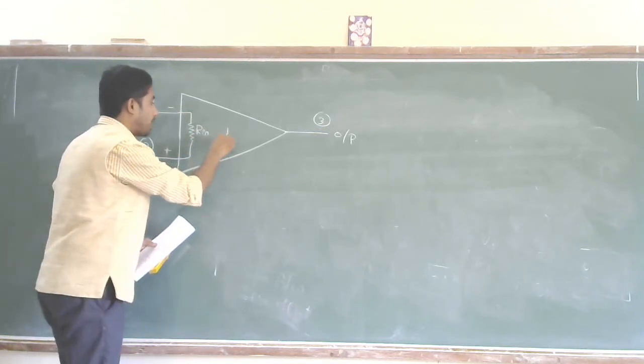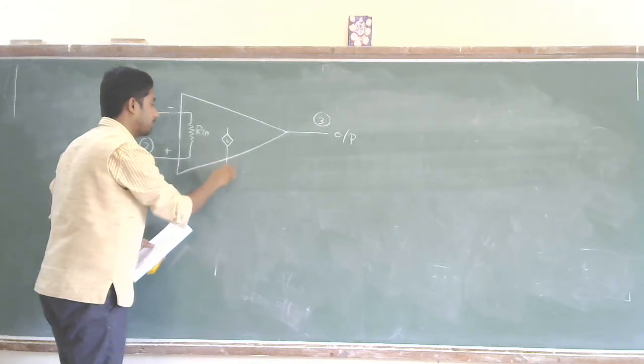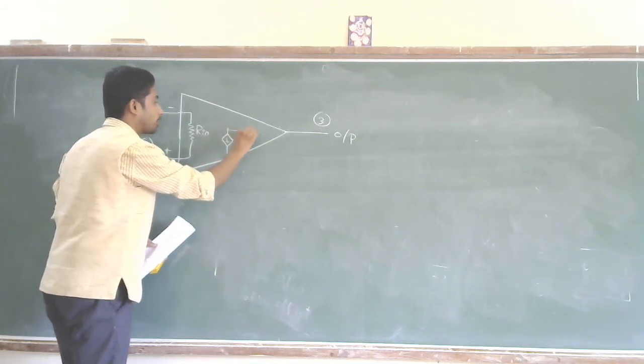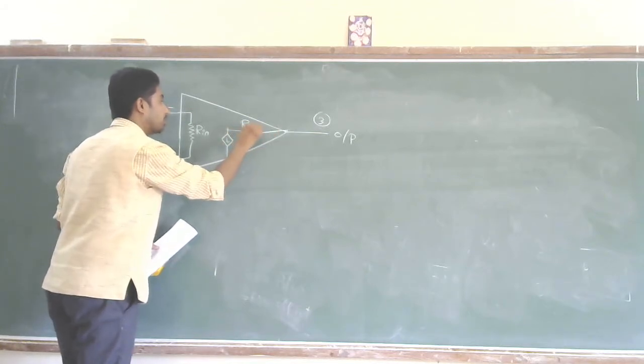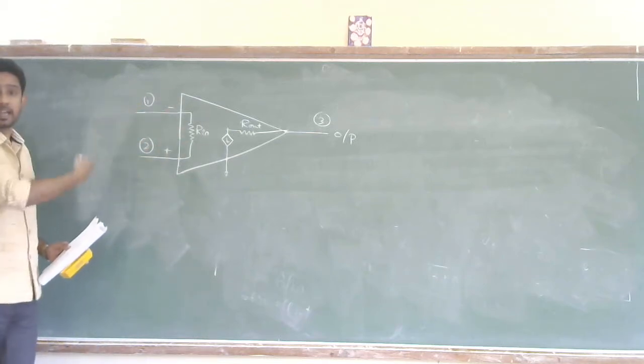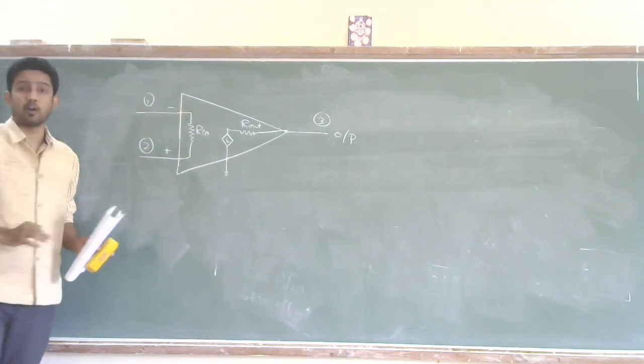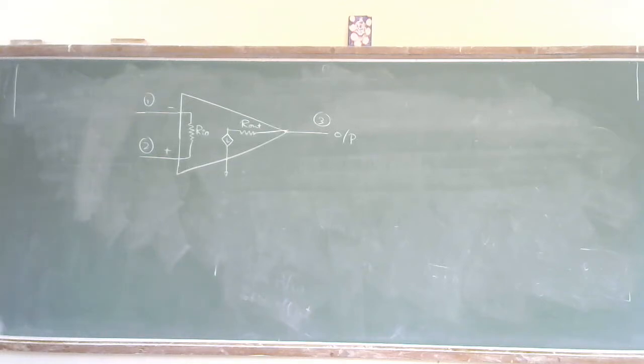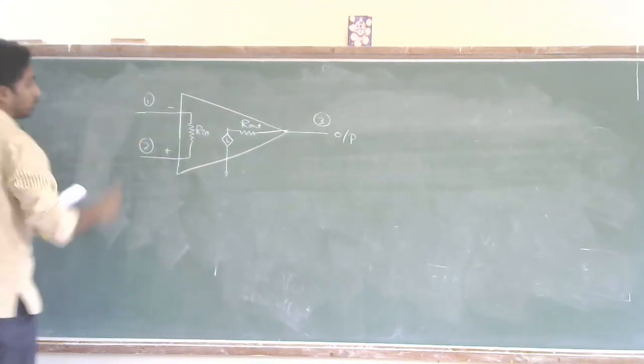And the op-amp will have a gain and it will have the output resistance also. So this is how the entire internal setup of my op-amp looks. Kindly look on the screen properly at how the op-amp circuit internally looks.